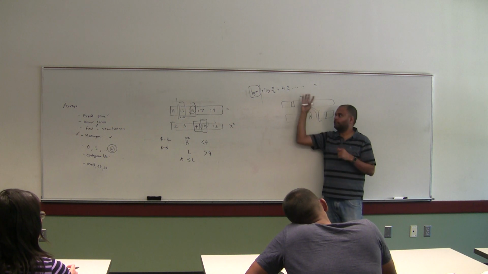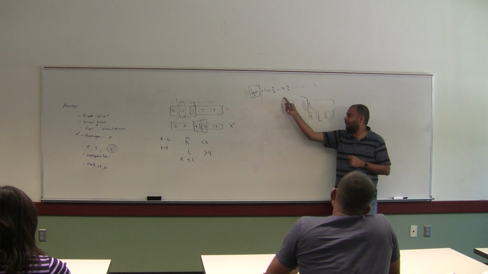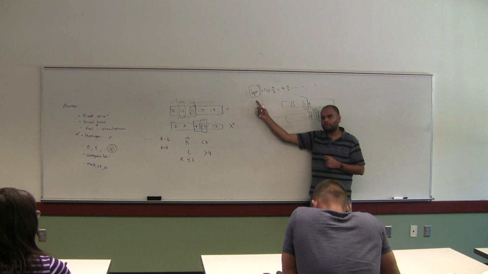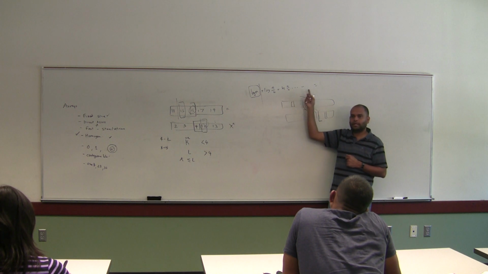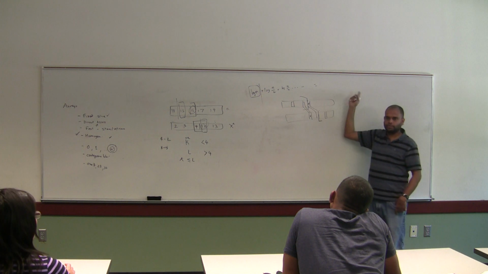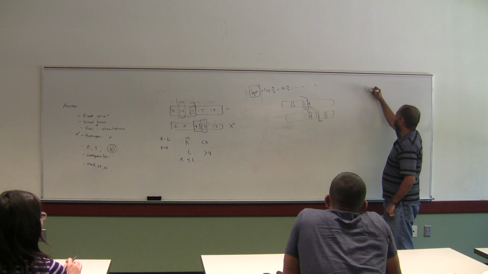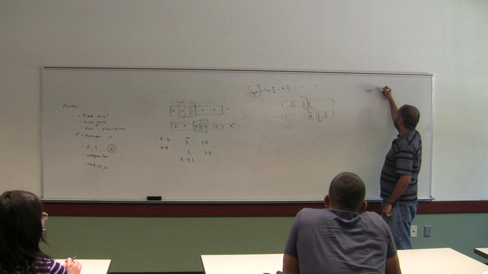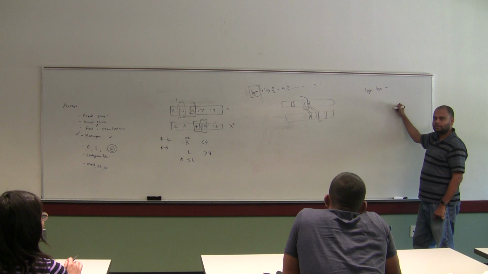If n were to be 1024, there will be 10 elements. There will be one for n by 1, there will be n by 2, n by 4, n by 8, and so on, right? 16, 32, 64, and so on. There will be 10 elements. So essentially, you will have log n minus, what do you have?